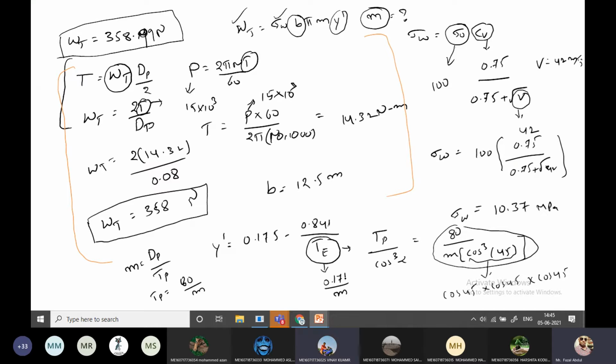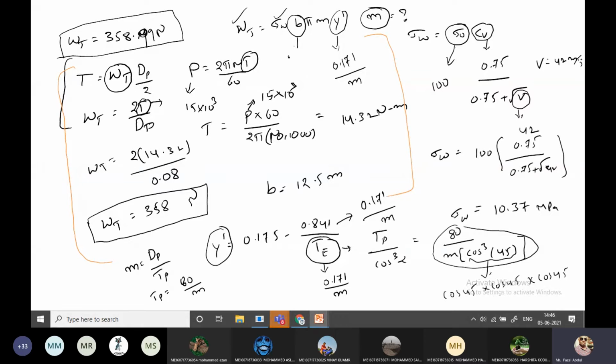Sir, I'm saying the total y dash value, sir. Yeah, 0.171 by module. Okay, you are telling the total y dash value. Now here I am writing 0.171 by module.